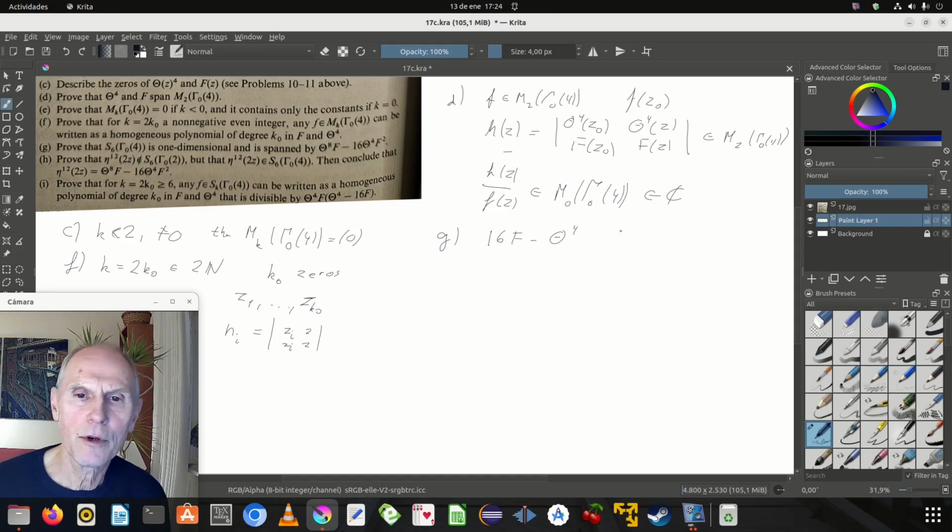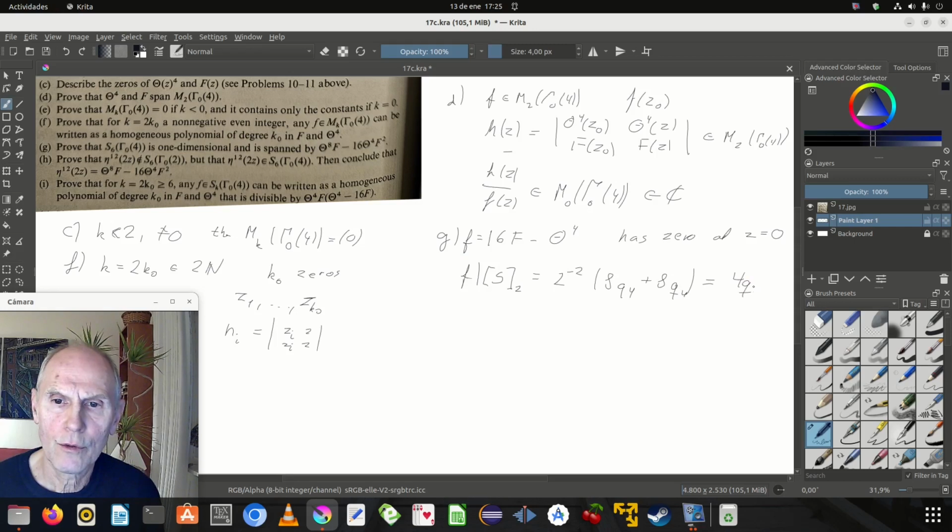That has a zero at z equals naught. And we can just write up the q expansion. 4q^4 plus, etc., just the leading term.